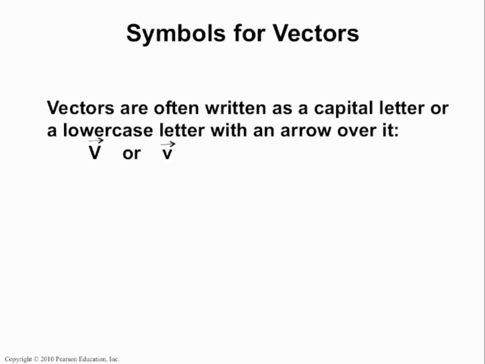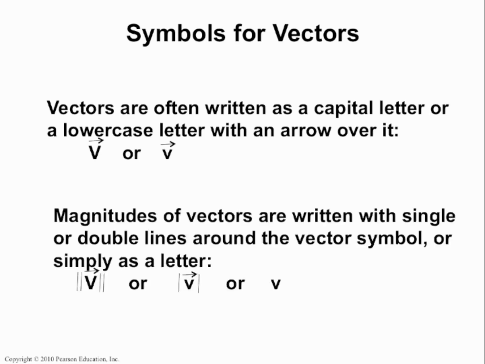Symbols for vectors. Vectors are often written as a capital letter or a lowercase letter with an arrow over it. So for example, the vector v, v is often a symbol used for velocity vectors. It can be capital or lowercase with an arrow over it. And that arrow, of course, is the vector symbol.